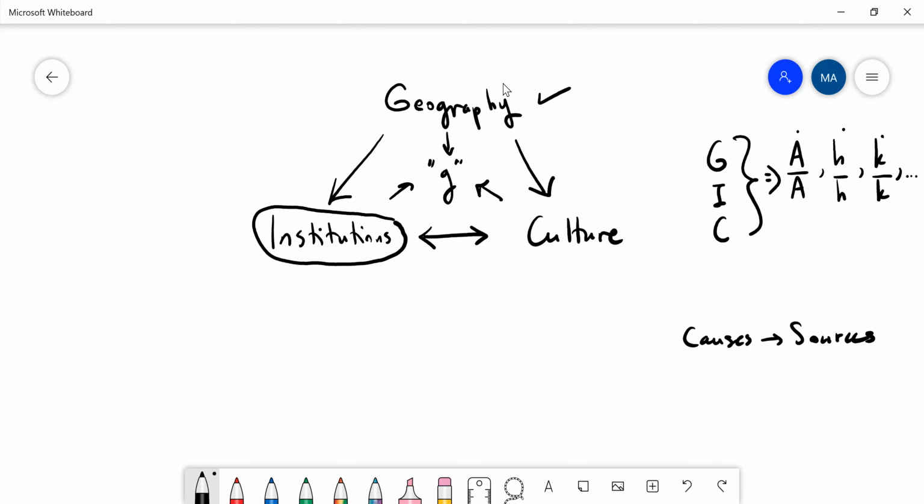So one typical definition that is largely adopted by economists is that institutions are rules of the game, right? So you may imagine institutions as the rules of the game. So the game, what do we mean by game here?